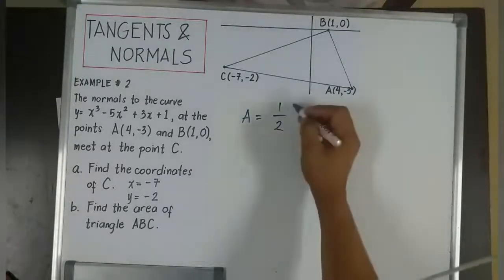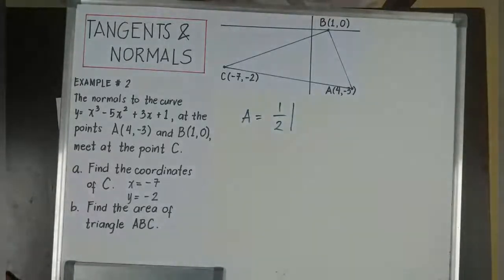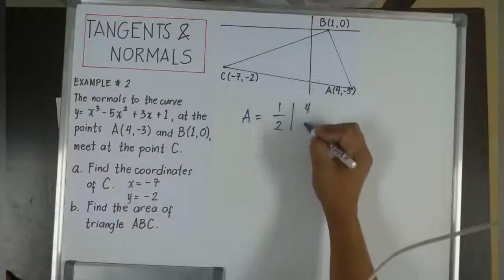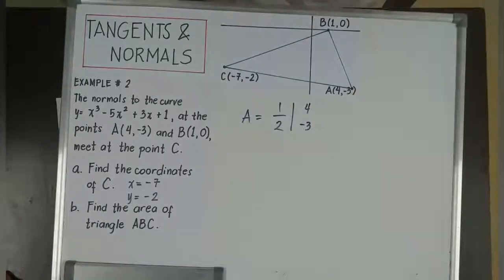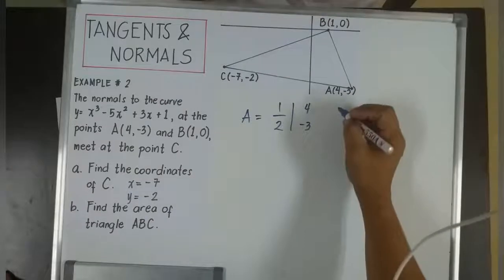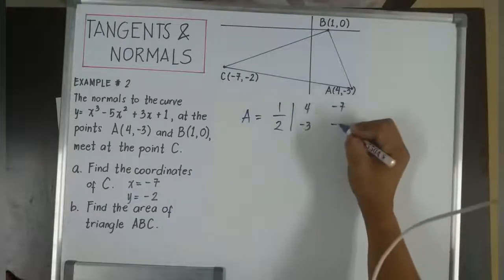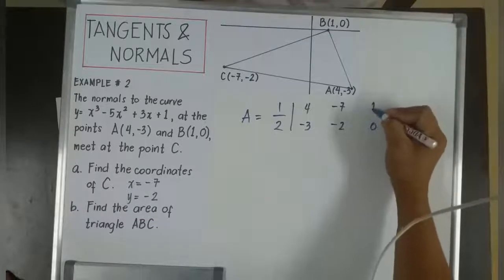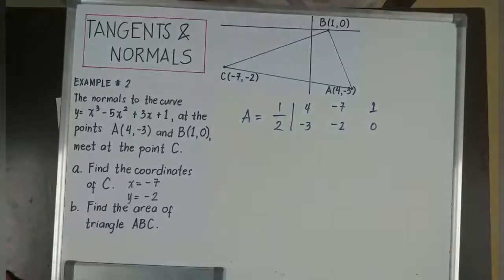Then you put a modulus sign. Then you list down whatever the points are. I have 4, negative 3. Next is negative 7, negative 2. And then 1, 0. For those who are studying additional mathematics, you know this method already.